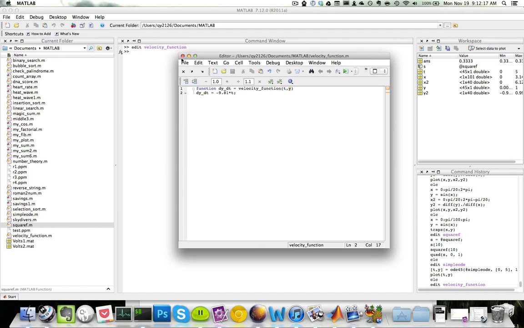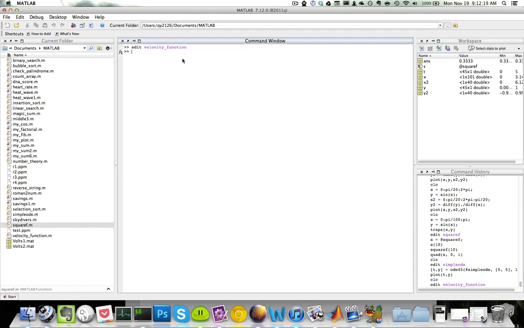Now all I have to do is again simply call my ode45 function. So [t, y] is equal to ode45, assign @velocityFunction. My tspan, I want to go from 0 to 10. I want my initial value to be 500.